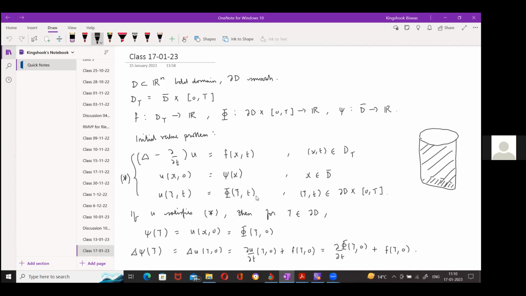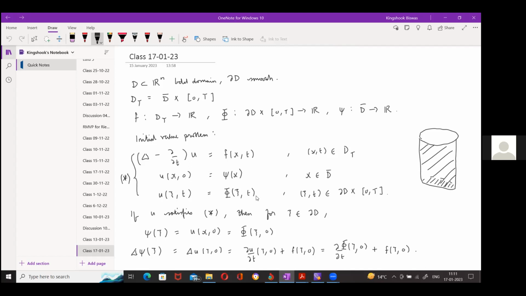Therefore, u1 is equal to u2, where u1, u2 are any two solutions of this initial value problem. Is this clear? Okay, so that's why this set of initial and boundary conditions is an appropriate set of conditions, so that you get a unique solution. Is that clear?